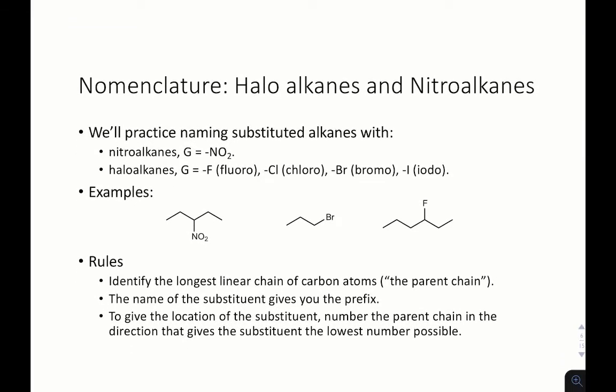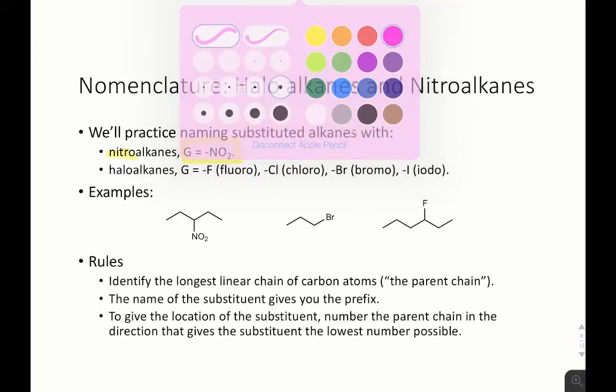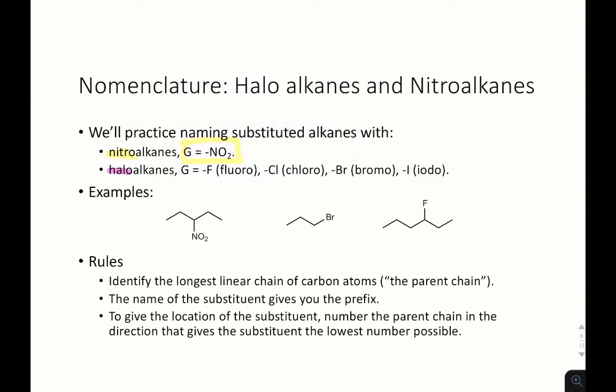Now we're going to start looking at substituted alkanes where we have a halogen as the substituent or a nitro group. So when the generic group is nitro, we'll have a nitroalkane. When G, the generic group, is a halogen, we'll have a haloalkane. So we have our halogens, our group 7A elements here.